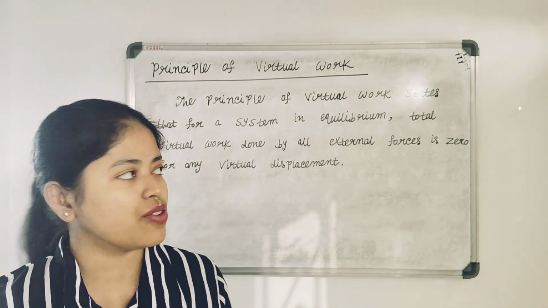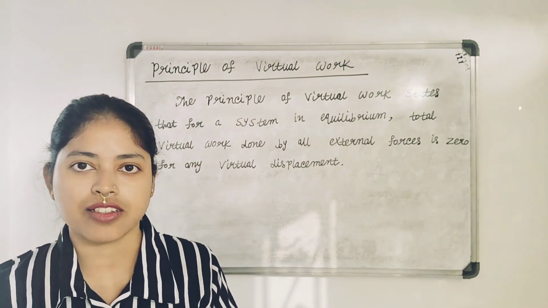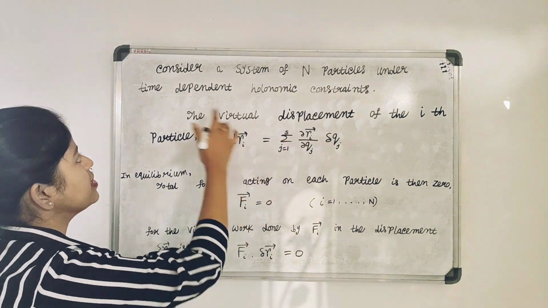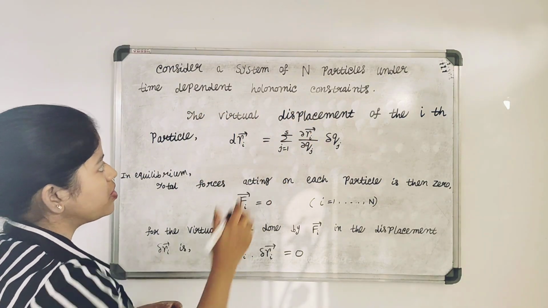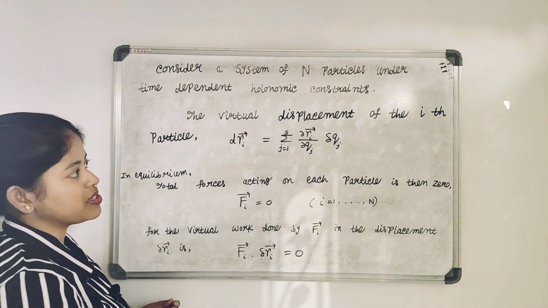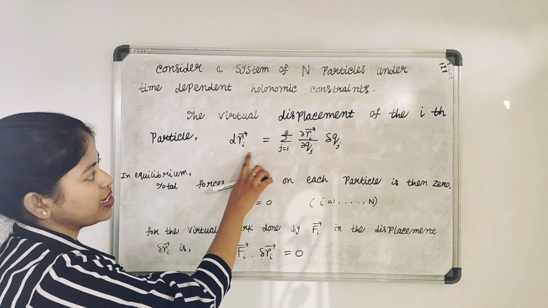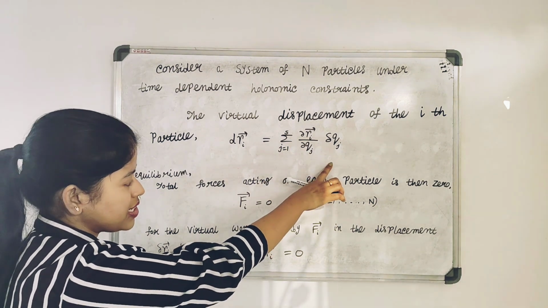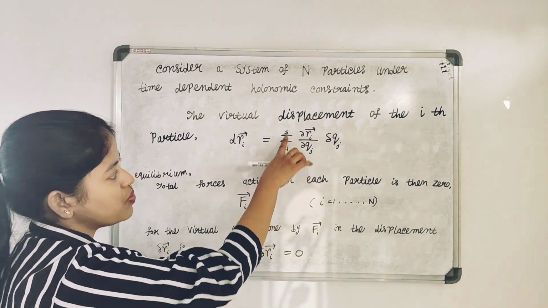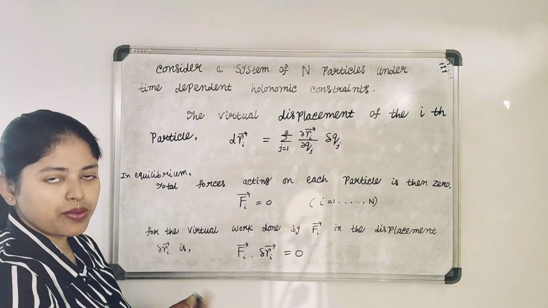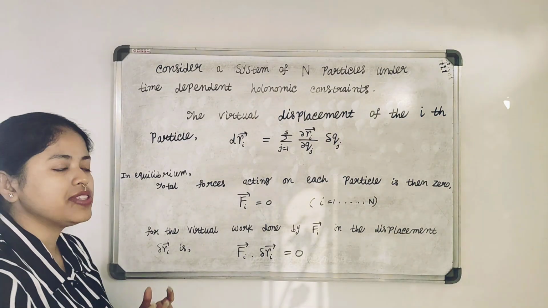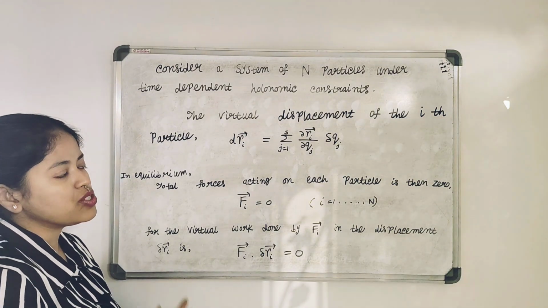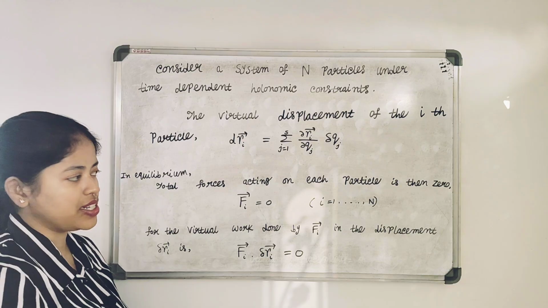Now we're going to see what it is saying mathematically. Consider a system of n particles under time dependent holonomic constraints. The virtual displacement of the ith particle, dri, is ∂ri/∂qj δqj summing over j equals 1 to s, as we have seen from our previous calculations. Now if the system is in equilibrium, then the total force acting on each particle is 0.